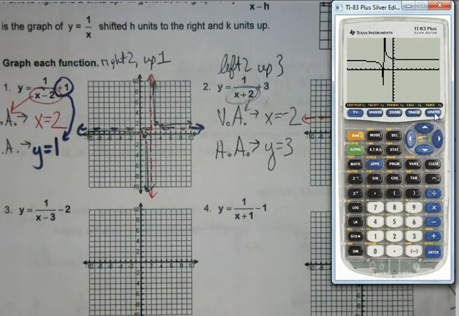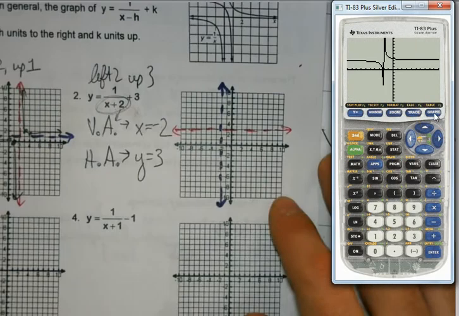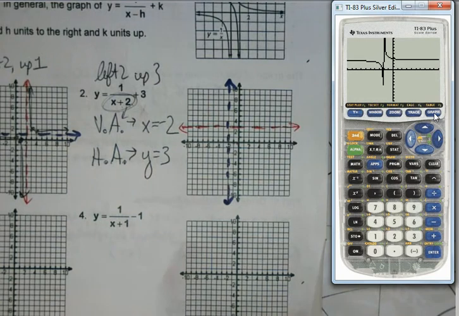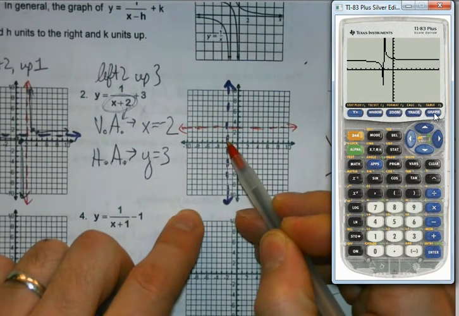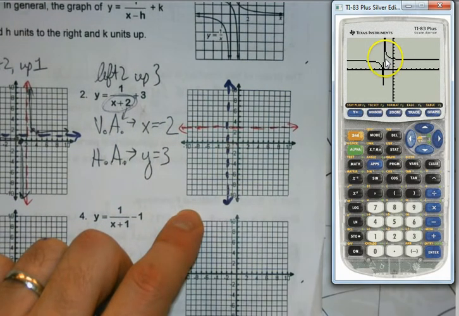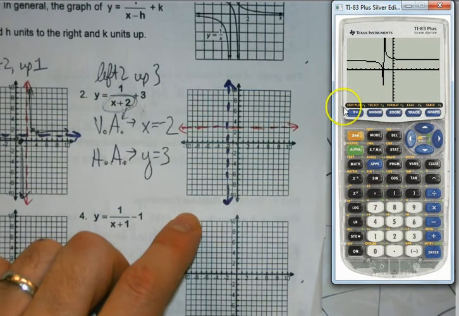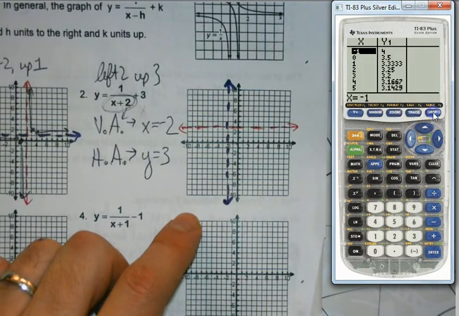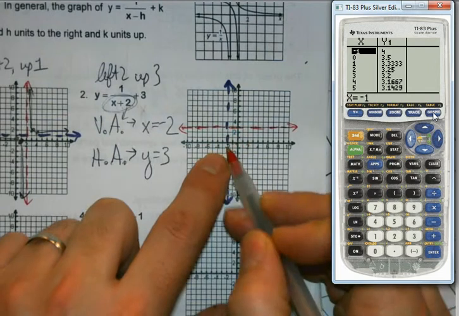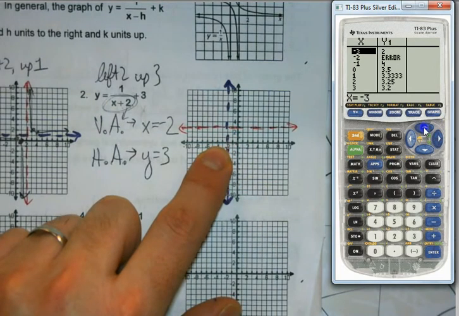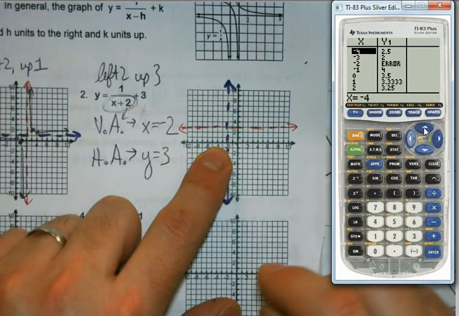Let me take a look, make sure everything's looking okay. And it does, because if I shift this over, there's my vertical asymptote. There it is here. And again, it looks like it's shifted upward. So I'm feeling good. Again, my vertical asymptote's at -2. So find the asymptote.